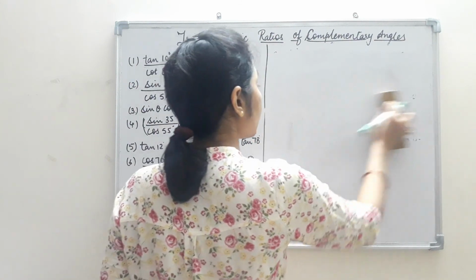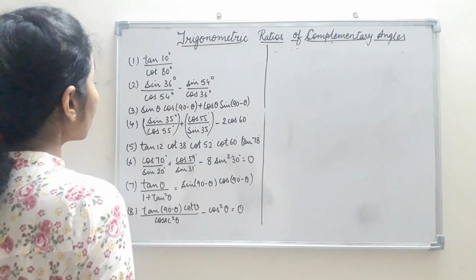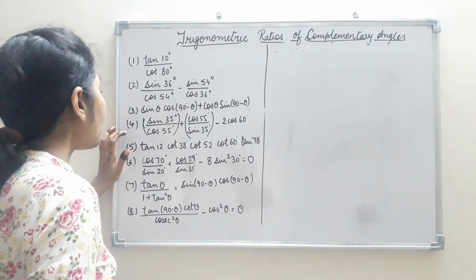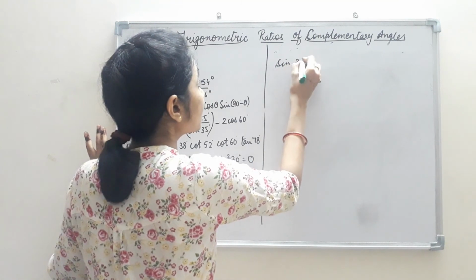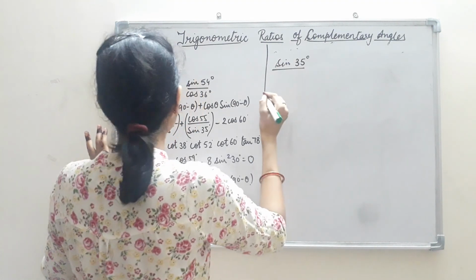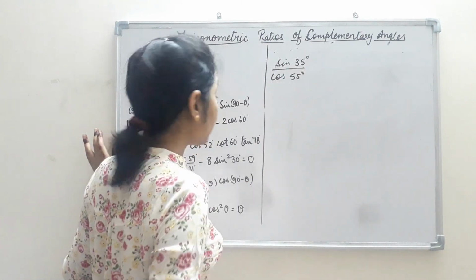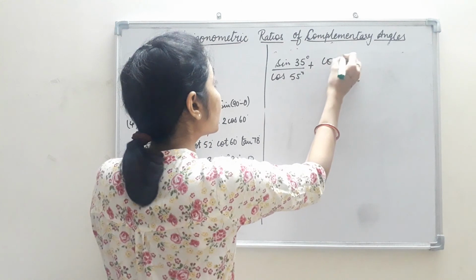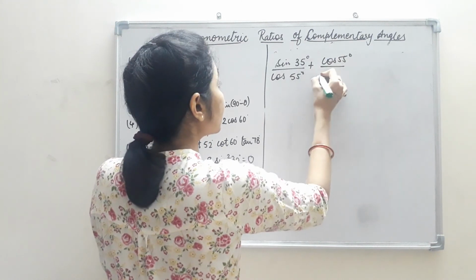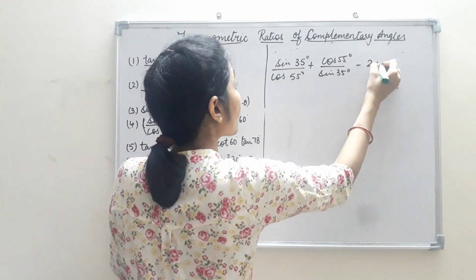Now let us see the next one. Here we have sin 35 degree upon cos 55 degree, plus cos 55 degree upon sin 35 degree, minus 2 cos 60 degree.